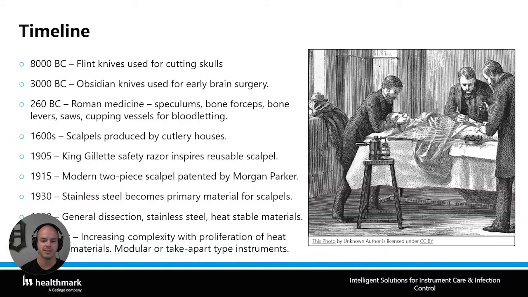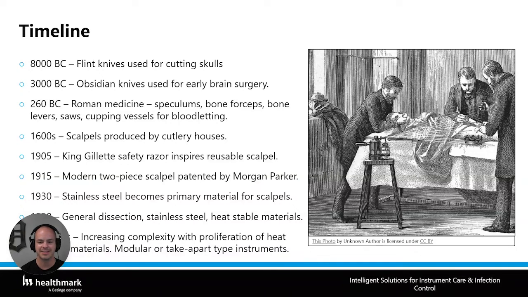And then you'll see during the Roman Empire in 260 BC, Roman medicine includes more complex instruments like speculums and bone forceps, saws and levers. Then you get into the 1600s and you start seeing scalpels mass produced by cutlery houses.